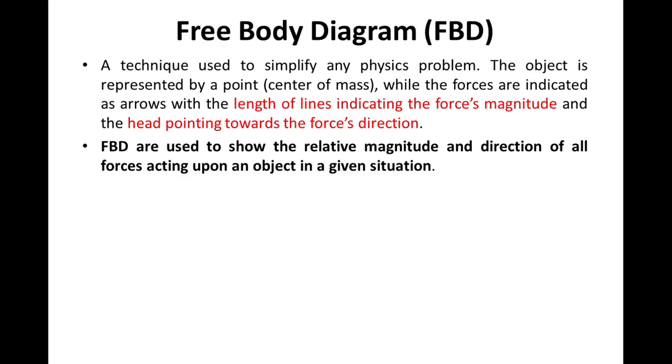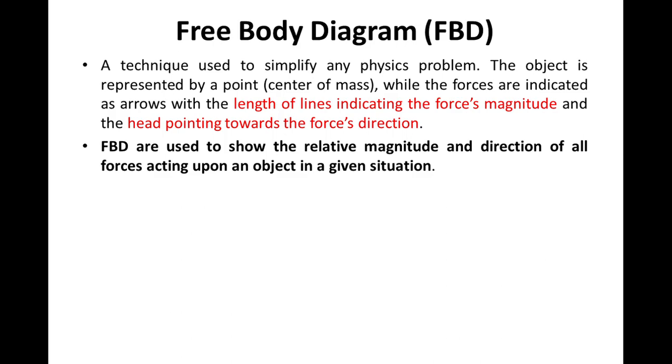To make it easier for us to add force vectors and eventually determine the net force that is effectively acting on the object, we need to learn and master first how to make a free body diagram, or FBD. Creating a free body diagram is a technique used to simplify any physics problem.